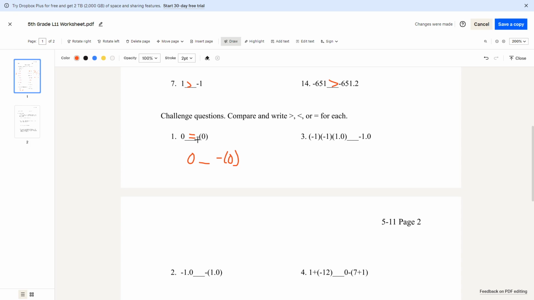When you put a number in front of a set of parentheses and put something inside the parentheses, you multiply the thing inside of the parentheses by the number that's next to the parentheses. So for example, the negative symbol here is equal to negative 1. So that means negative 1 times 0 is what's occurring here. Negative 1 times 0 is still 0, which makes these equal.